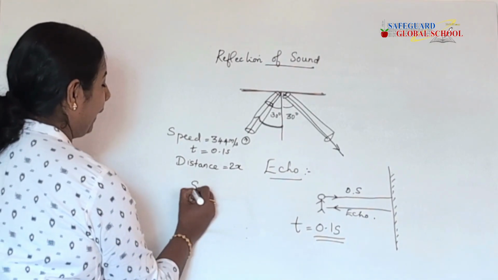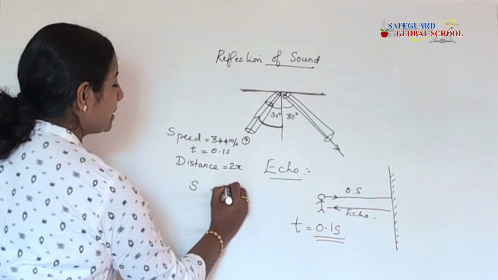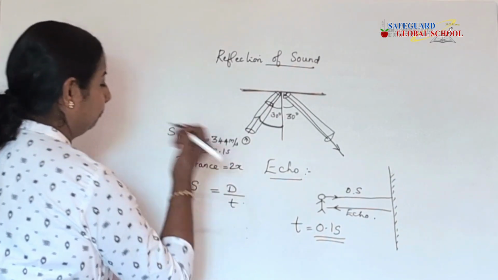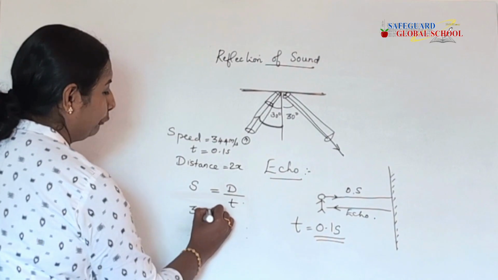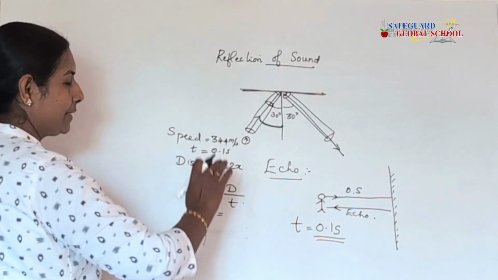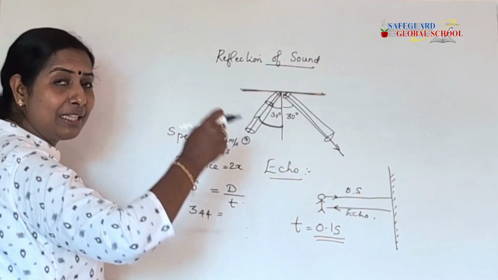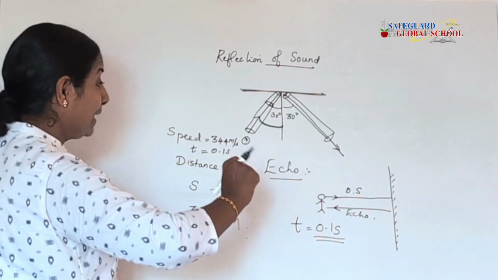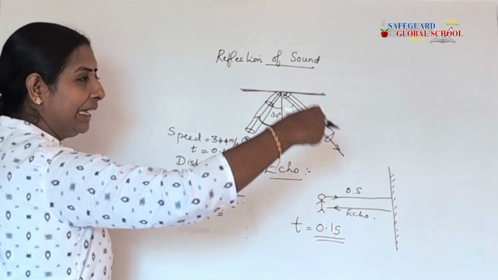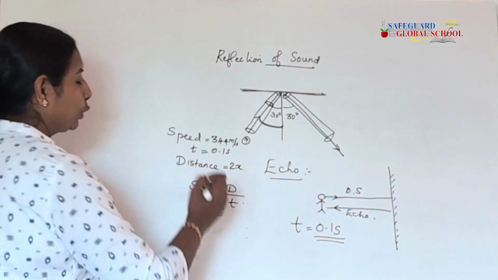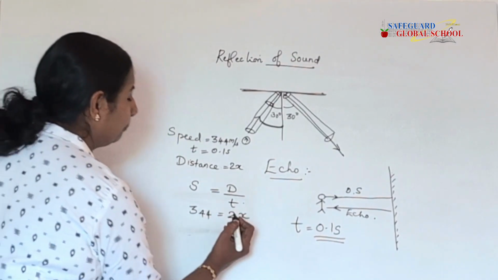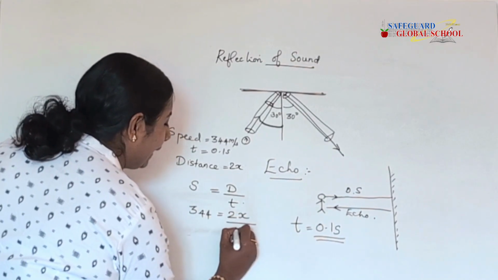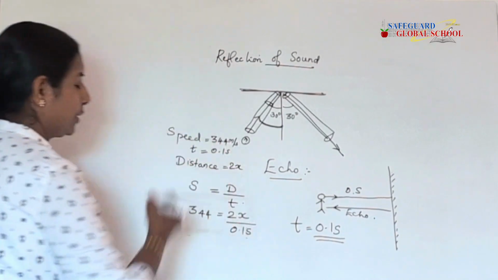How is speed defined? Speed is distance by time. So here the speed is given as 344 and the distance between the source and the reflecting surface is x. Again the sound has to come back. So the total distance traveled by the sound is 2x divided by t, which is 0.1 second.